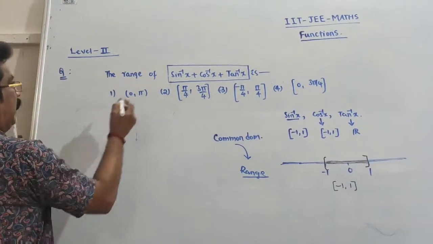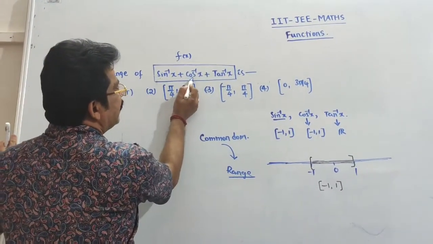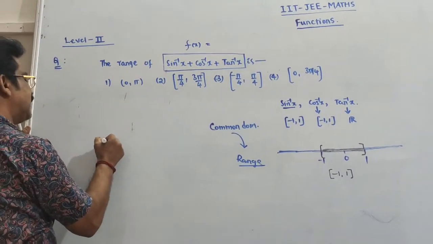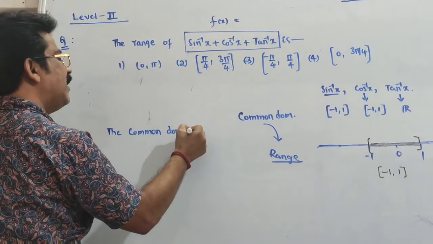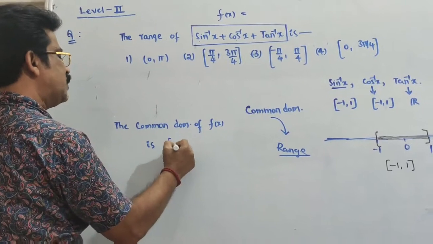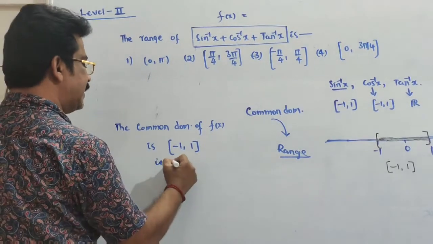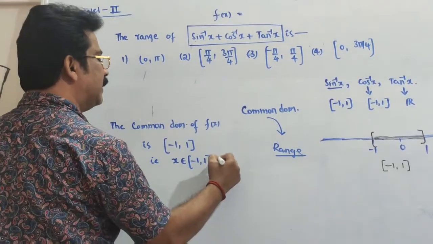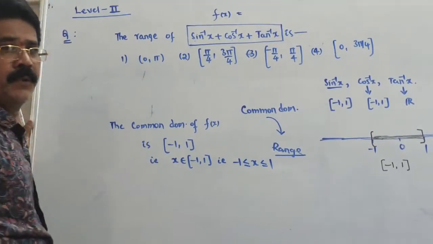Therefore, if f of x is equal to sin inverse x plus cos inverse x plus tan inverse x, then the common domain of f of x is the closed interval of -1, 1. That is, x belongs to the closed interval of -1, 1.